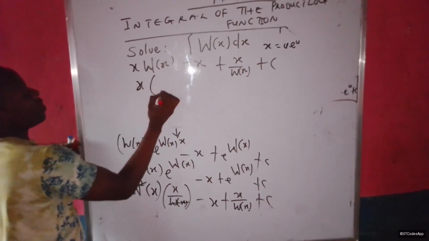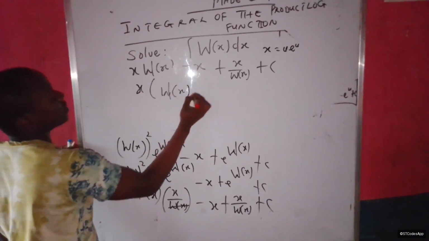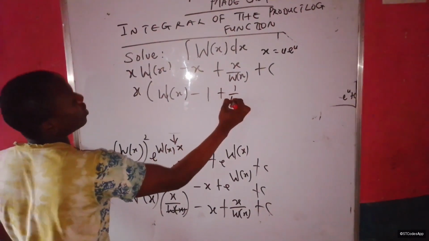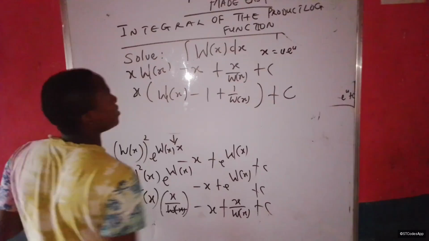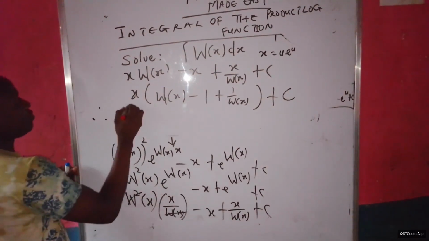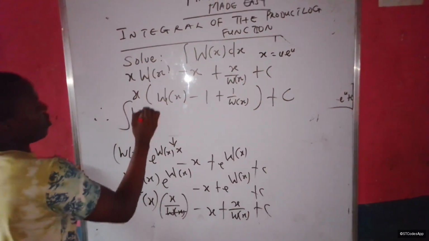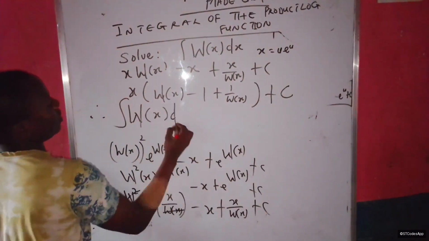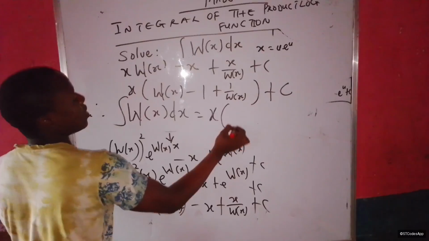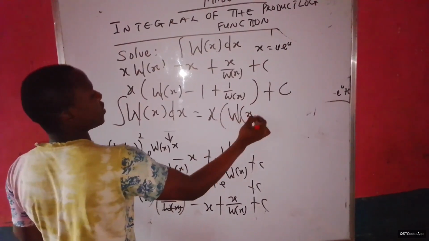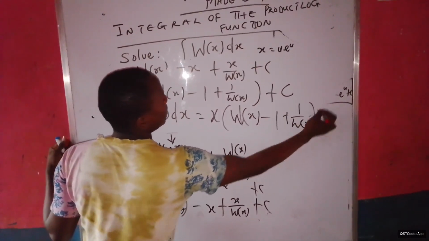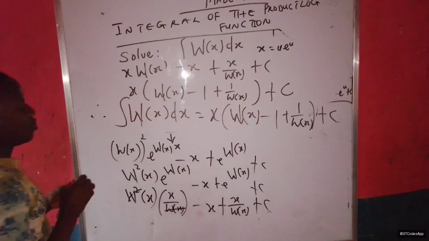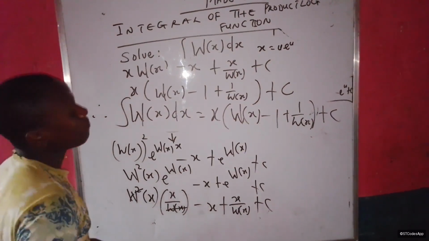That will be x into bracket product log of x minus 1 plus 1 over product log of x plus c. So that's the answer to the question. Therefore, the integral of the product log of x dx will give us x into brackets product log of x minus 1 plus 1 over product log of x plus c. So that's the answer to the question.